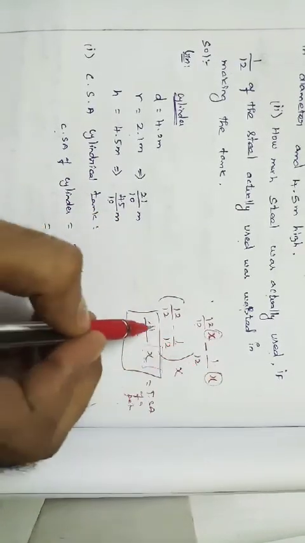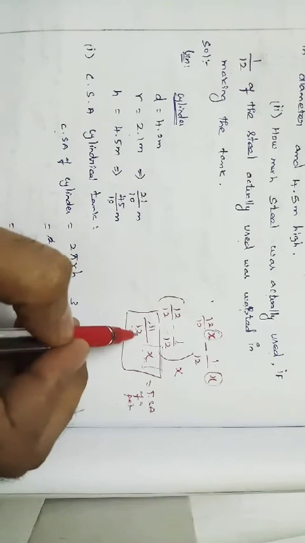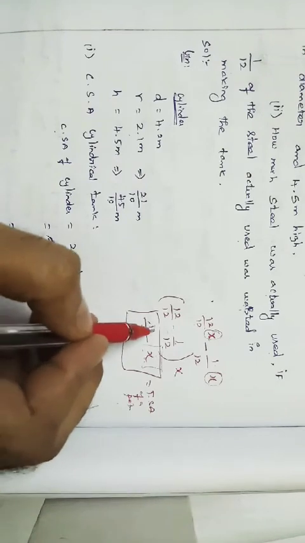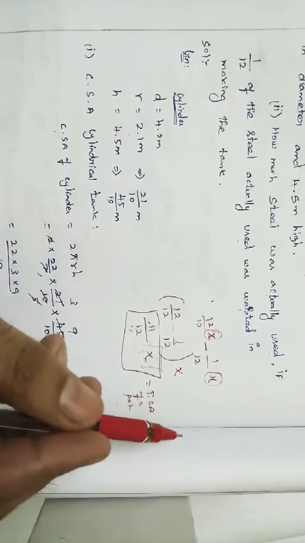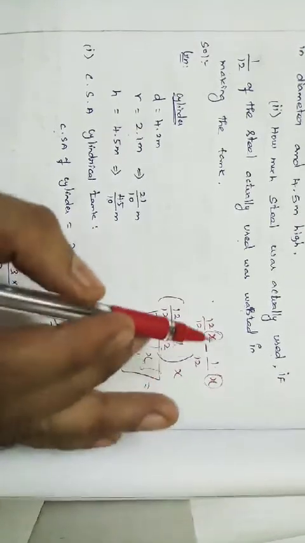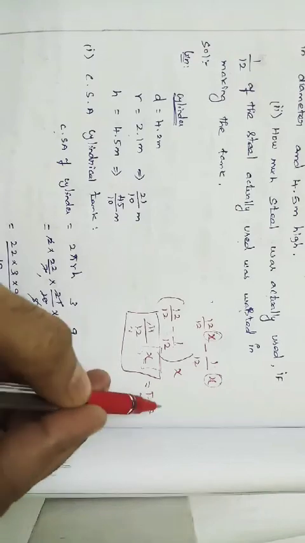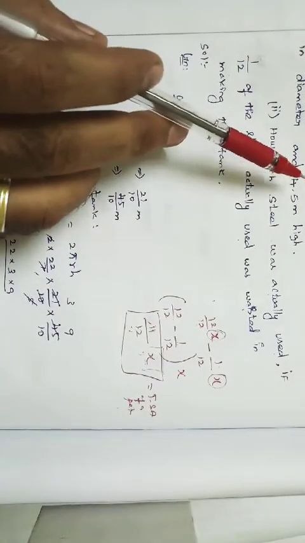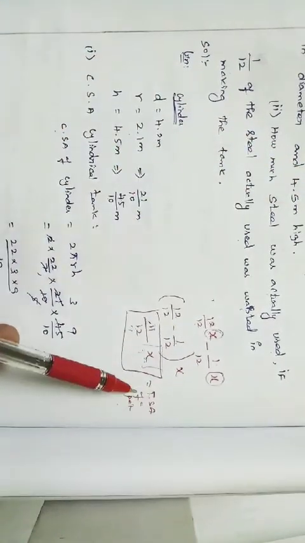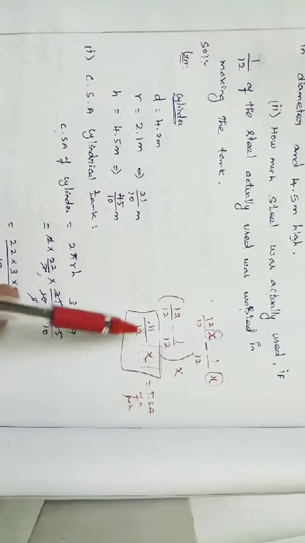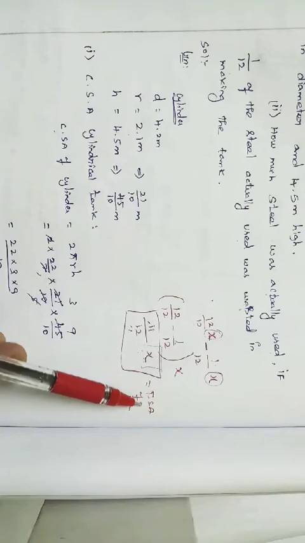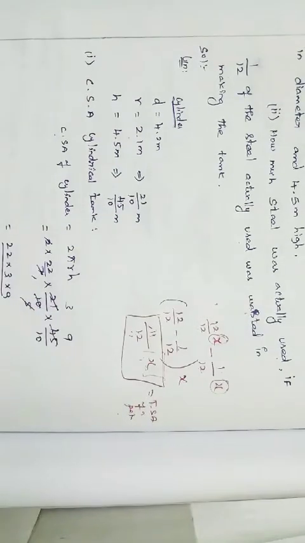So remaining steel is 11 by 12 of x, and this steel has been used for making the petrol tank. That is nothing but the total surface area of the petrol tank. What is the shape of the petrol tank? It's cylindrical. So TSA of a cylindrical petrol tank is 11 by 12 of x. We know the formula, just equate, and we can get the answer.